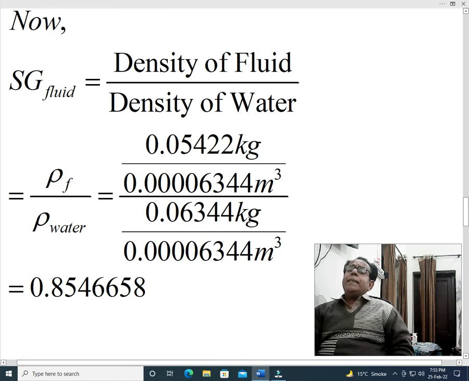In this way, both volumes, which are exactly equal, will be cancelled out, and kg will be cancelled with kg, and hence specific gravity of fluid will become equal to 0.8546658. From here it is quite clear that specific gravity has no unit. It is just a number.